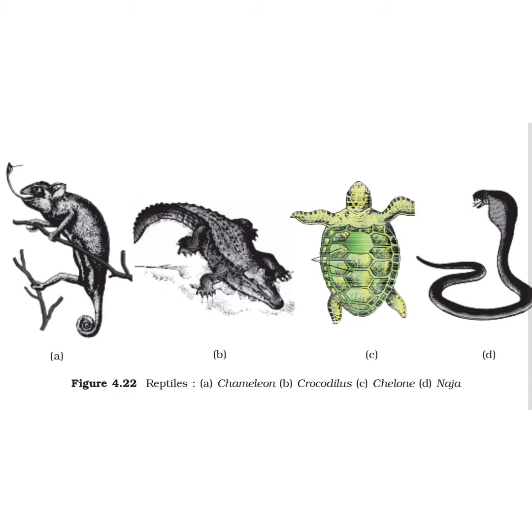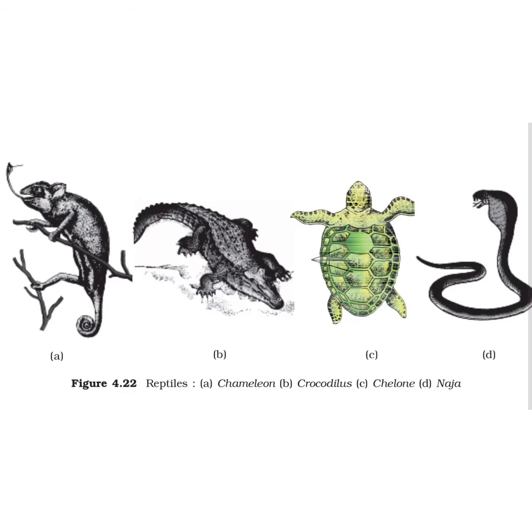Then tree lizard, chameleon, you are very much familiar, the diagram is also given in our book. And lastly garden lizard, and its scientific name is Calotes. So in this way there are so many examples which you have to remember.